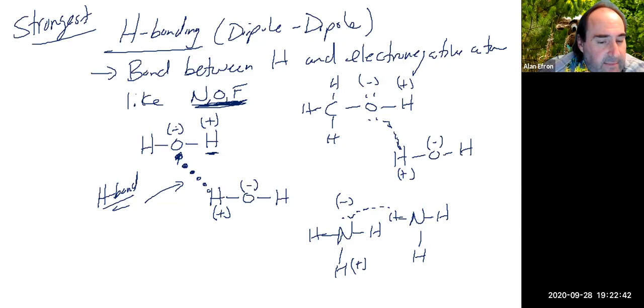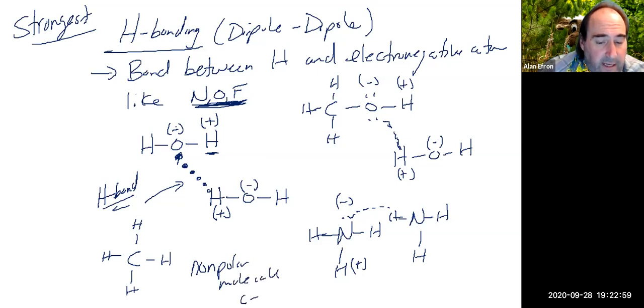Just because something has hydrogens doesn't mean it can hydrogen bond, though. If you had something like CH4, there is a ton of hydrogens there. But this molecule is nonpolar overall, and that bond between carbon and hydrogen is nonpolar.